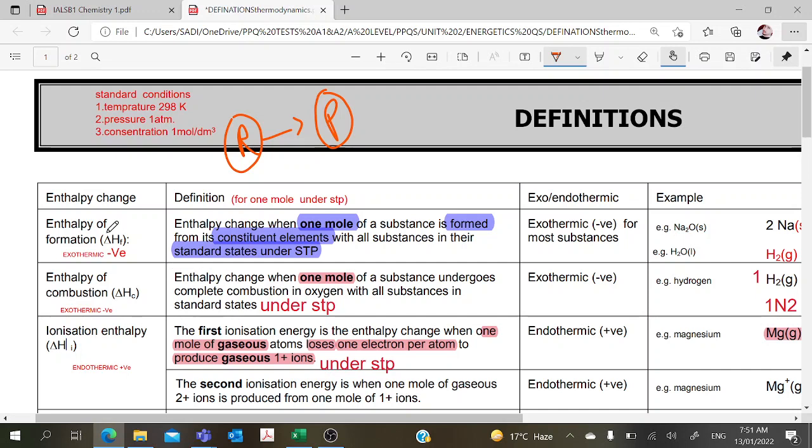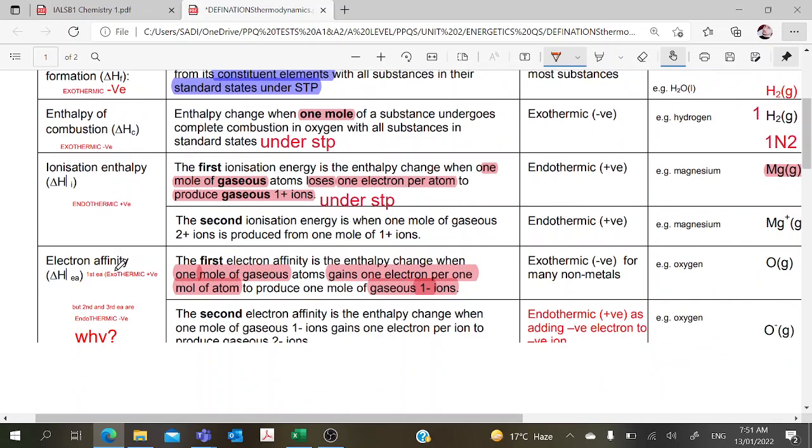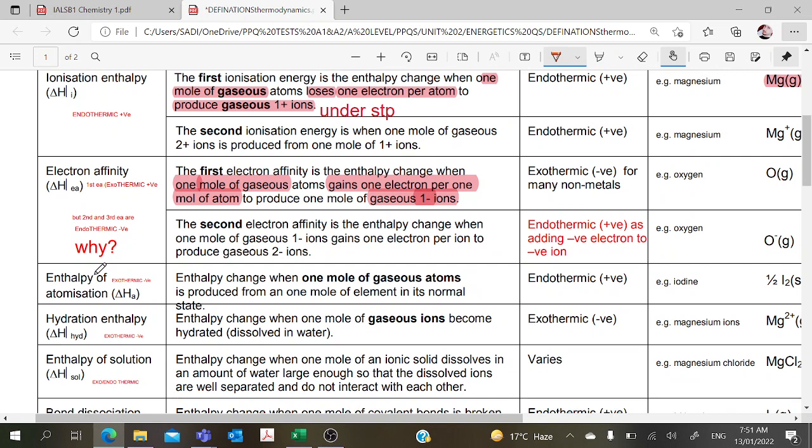Yes. Okay, so there are different kinds of heat changes or enthalpy changes which we are working on. The first one that we are working on is enthalpy change of atomization. When you're atomizing something, you're basically providing heat energy to it.